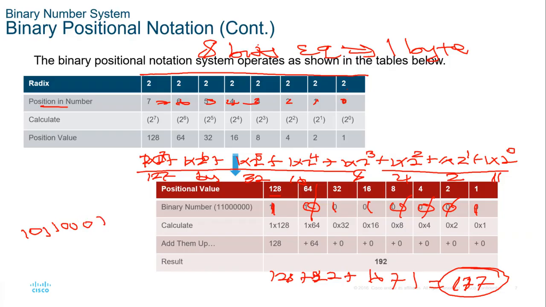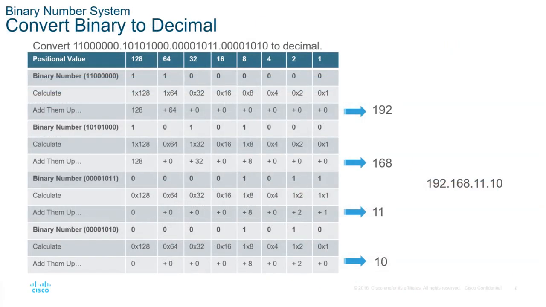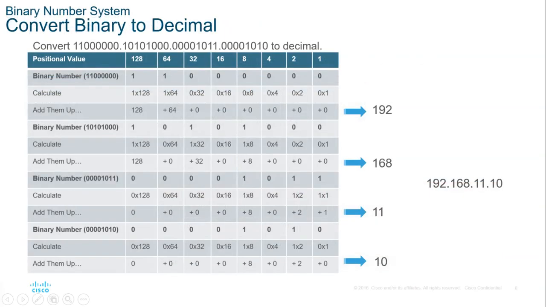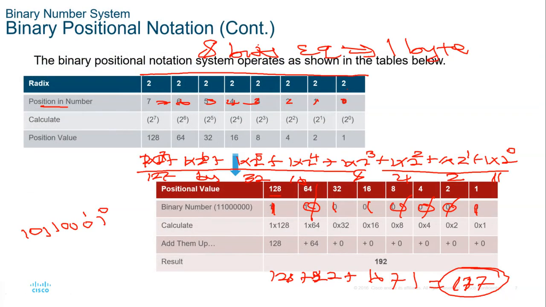Give them powers: there is 0, 1, 2, 3, 4, 5, 6, 7.